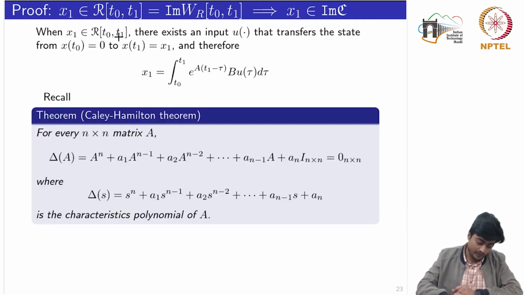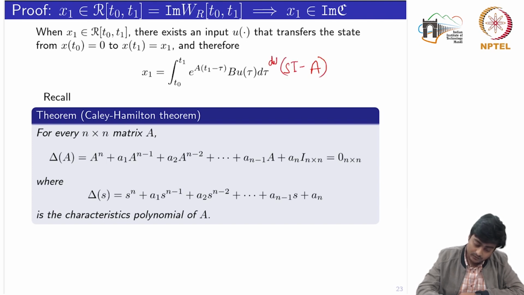Now quickly we will recall the Cayley-Hamilton theorem, because we are going to use this result: for every n cross n matrix A, delta of A should be equal to the 0 matrix, where delta of s is the characteristic polynomial of A. Given any matrix A, we compute the characteristic polynomial by computing the determinant of sI minus A. Basically, this is delta of s.